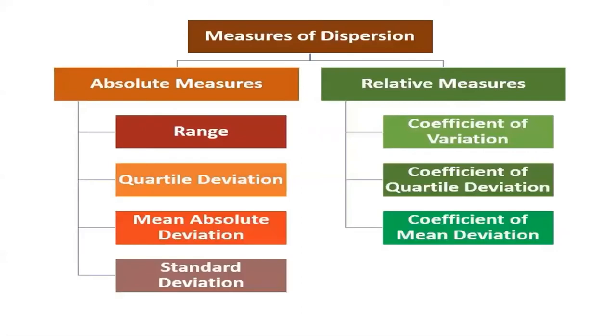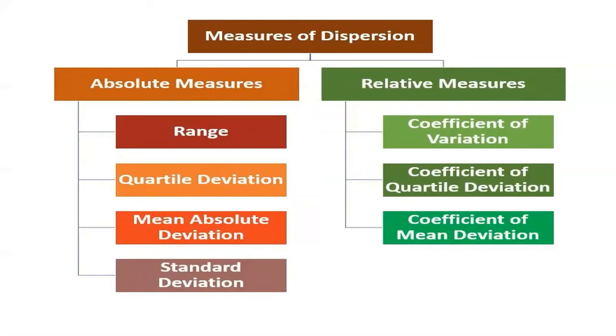Now we have different measures of dispersion. These are categorized under 2 parts, like measures of central tendency were classified in 2 parts, positional average and mathematical average. Here, absolute measures and relative measures are there. In absolute measures, we have RQMS: range, quartile deviation, mean deviation or absolute deviation, and standard deviation.